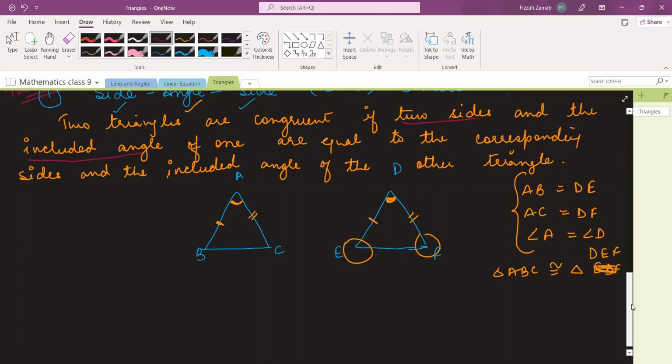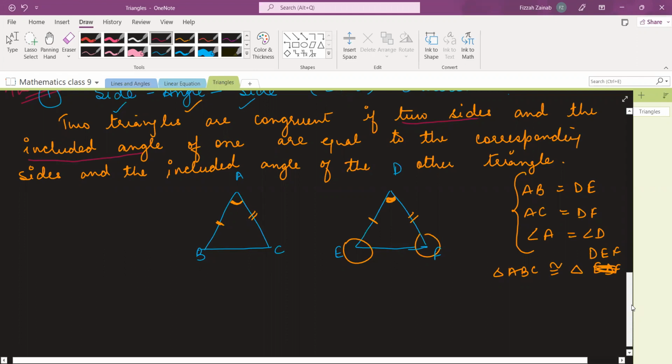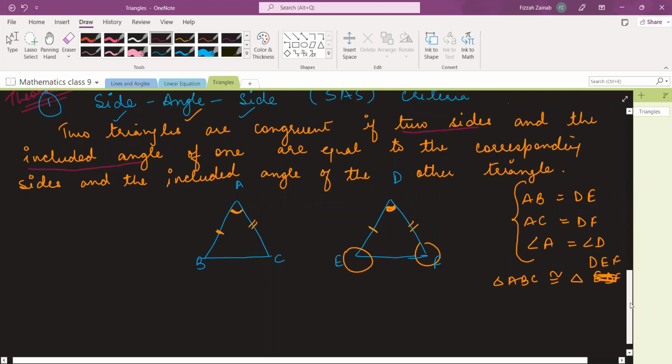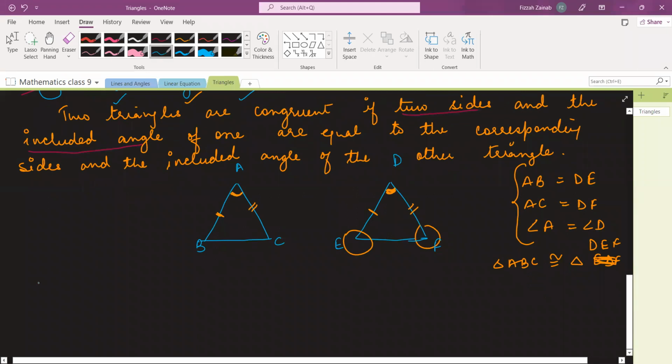Just 1 minute, I'm just looking out one thing. I think we should do all the criteria first of all, and then we will do exercise. So there's the next criteria, and then we will start exercise.